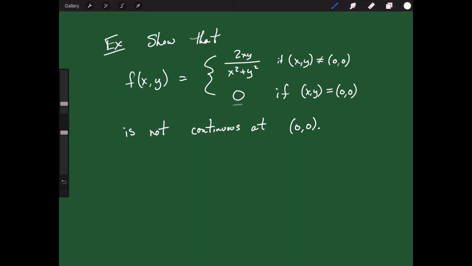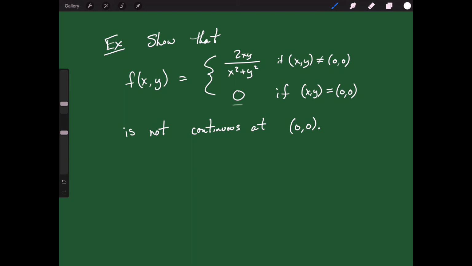If this is going to be continuous, then it needs to be getting close to 0 everywhere around it. So how am I going to test everywhere around it when I'm really working in the xy plane? Well, it's good enough for me to show that there are some places around it that are not getting close to 0.